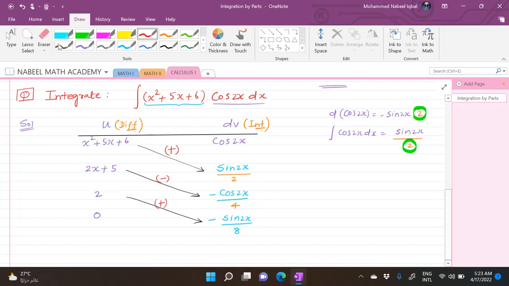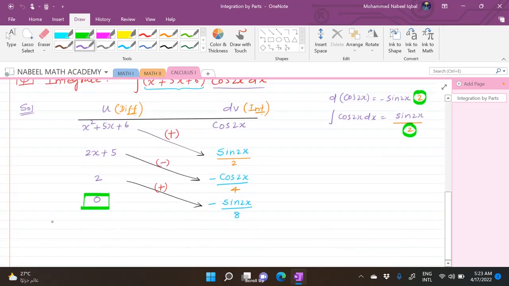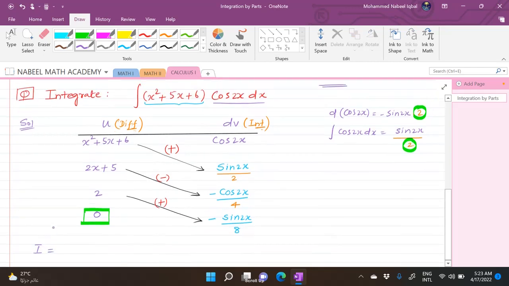Now we have to stop up to this one. Now if you cross multiply, what happened? If you write the final answer, the given integral, represented by I, is equal to, just multiply, x square plus 5x plus 6 into cosine 2x over 2.